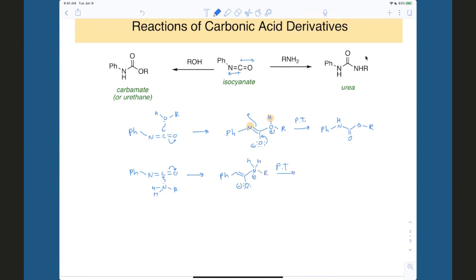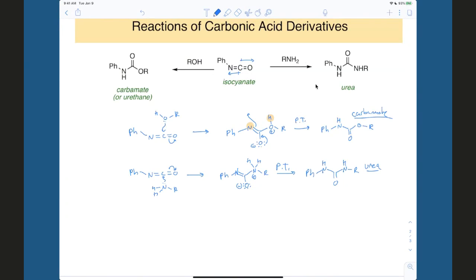And then proton transfer will give us now a urea. So this is a carbamate. This is a urea. And these are the two major products that we would get from the addition across an isocyanate.